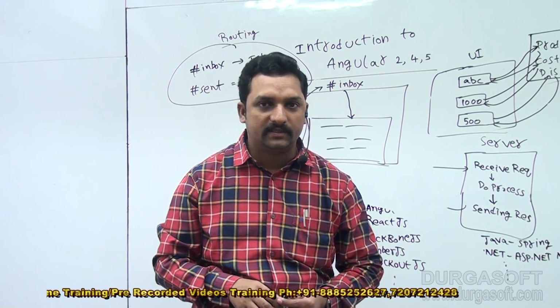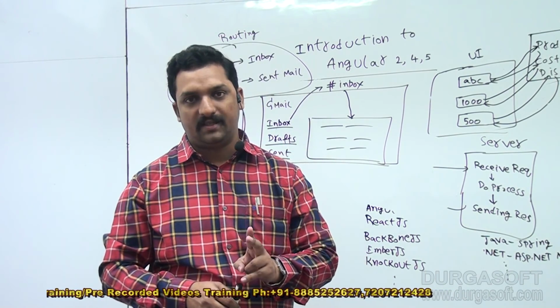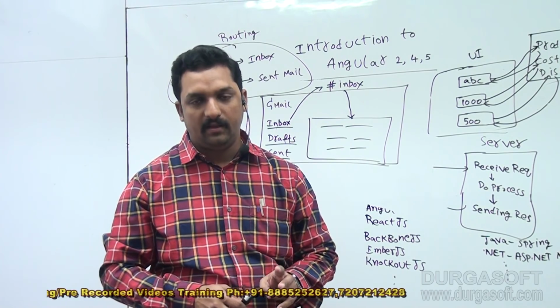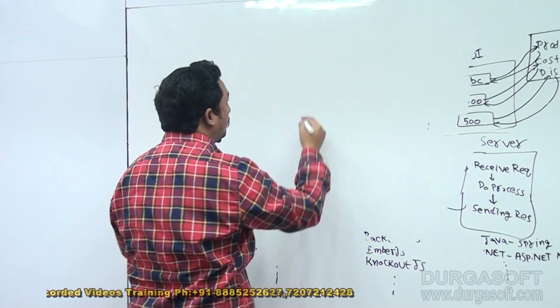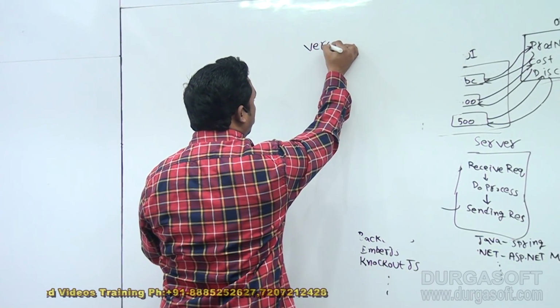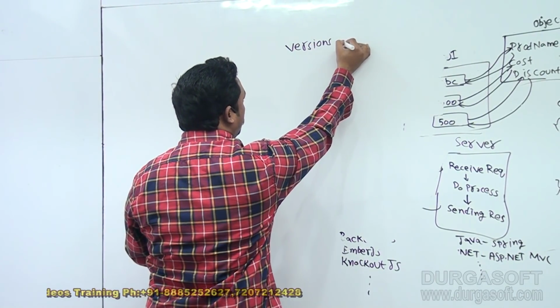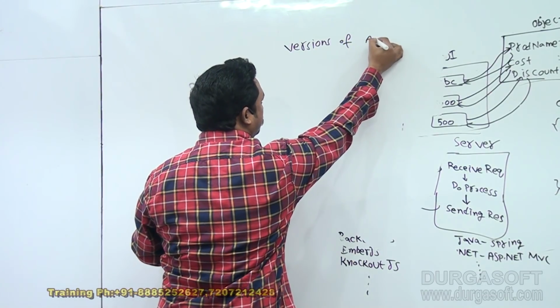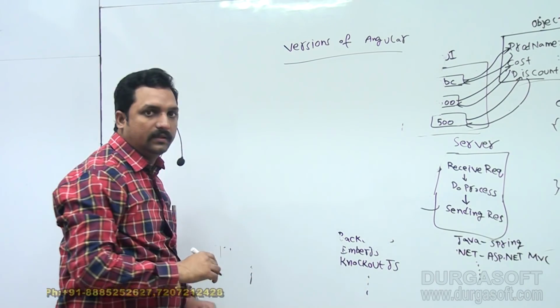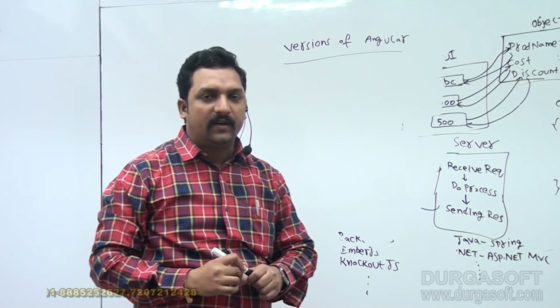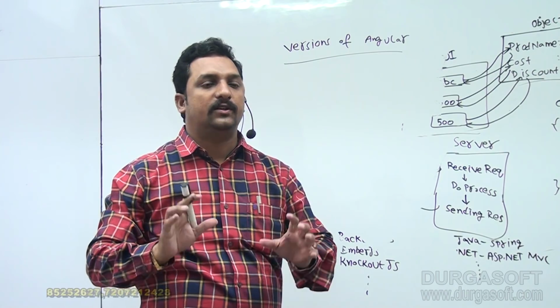But actually Angular has been divided into two major versions. That's totally confusing for many people today, so I want to provide clarity about the versions of Angular. This Angular framework is divided into two major versions, or you can say two generations.